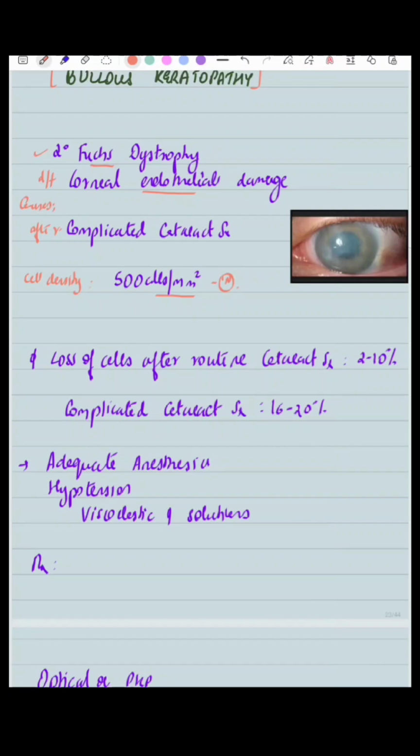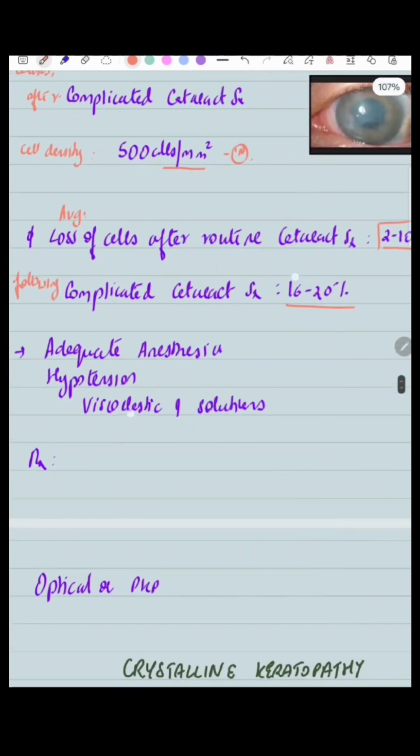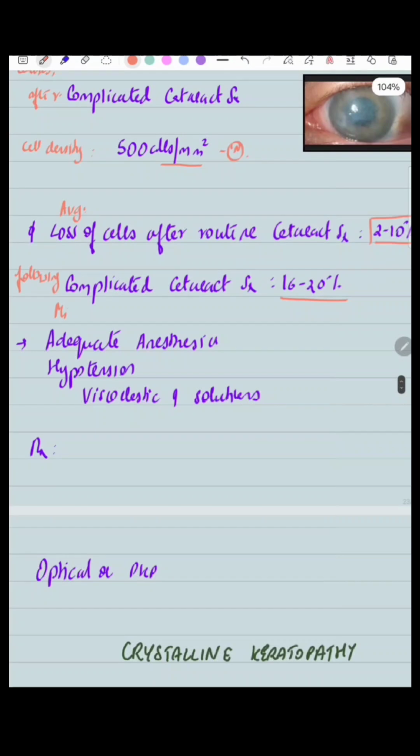The average loss of cells after routine cataract surgery is 2 to 10%, whereas following complicated cataract surgery it is about 16 to 20%.